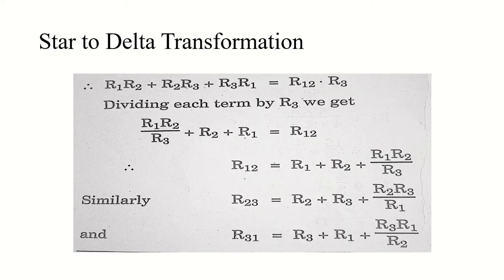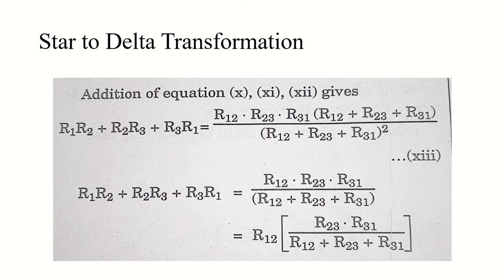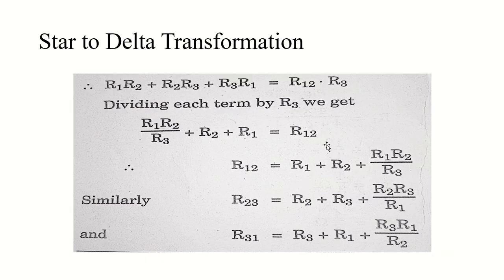So if I want to find the value of R23, can't we do the same thing? Even if you want to find the value of R23, we can put the value of R12 back in here.